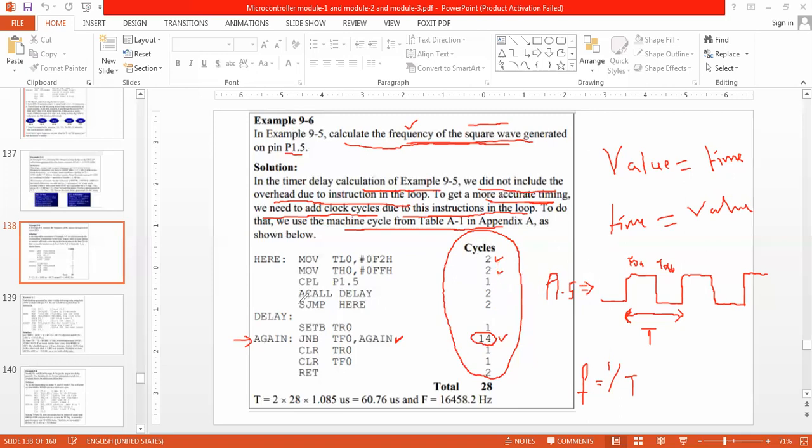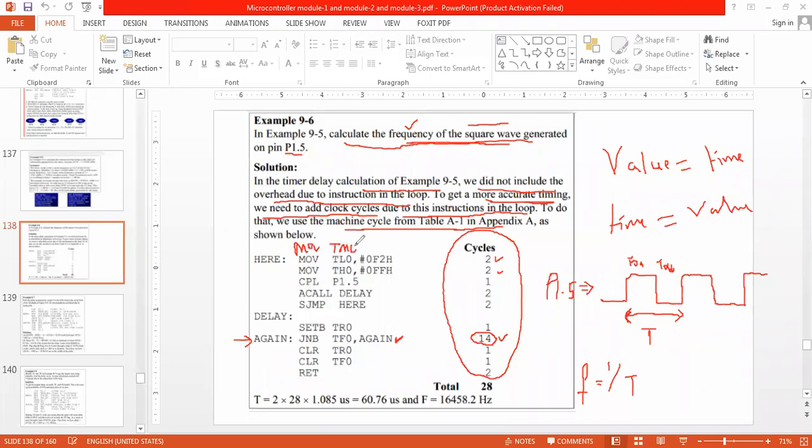So now we will include all the overhead instructions here. Now, this is the program for timer. So first we will write that also. MOV TMOD, #01H.